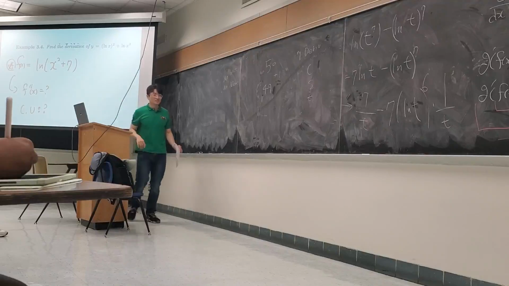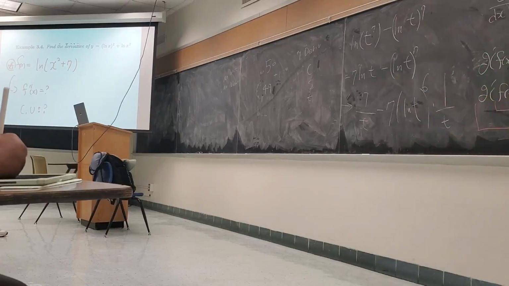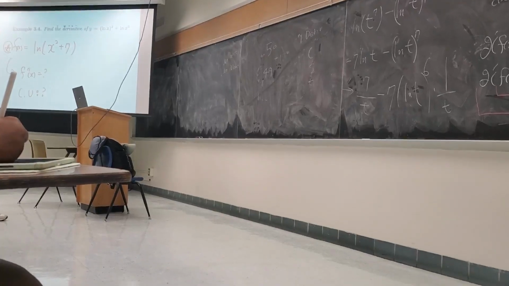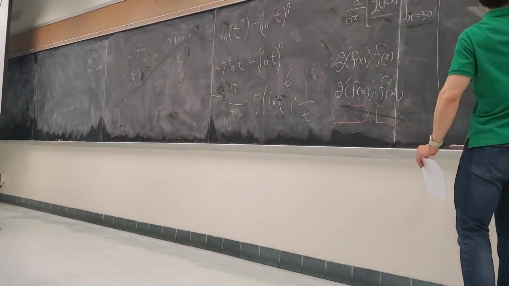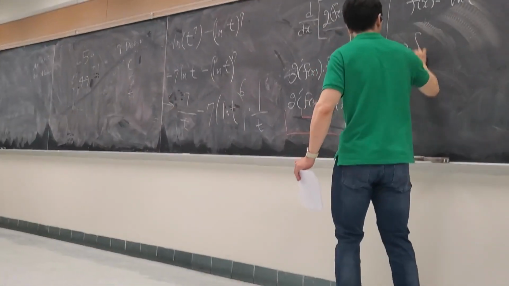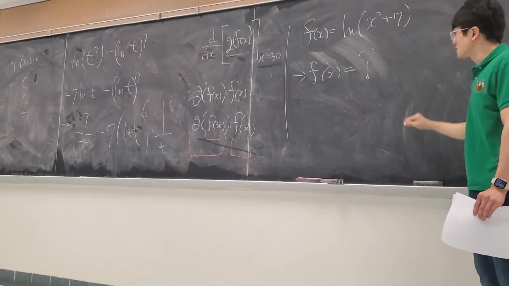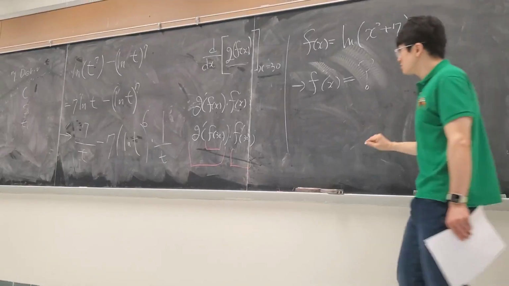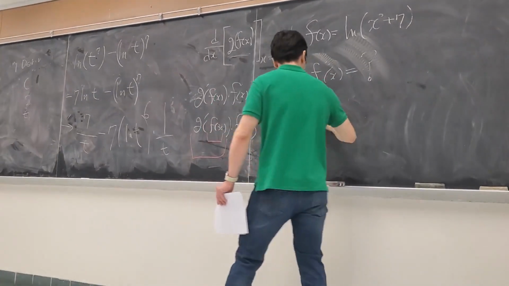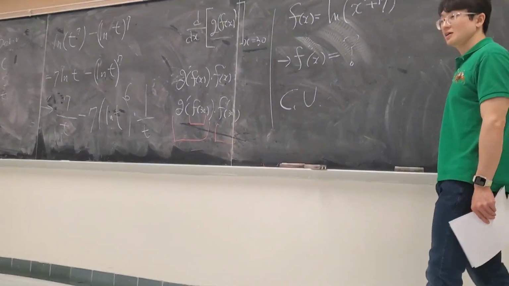And if I want to add some harder one, I'll have f(x) equal to ln of something in x, and I'll ask, what is f double prime? And then where is it concave up? Any idea, guys? How do we start?